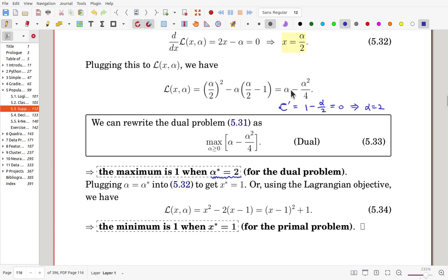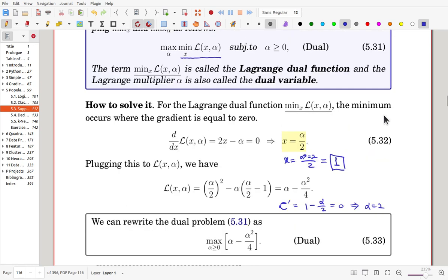And using alpha star is 2, x becomes alpha star over 2, which is 2 over 2, so that must be 1.